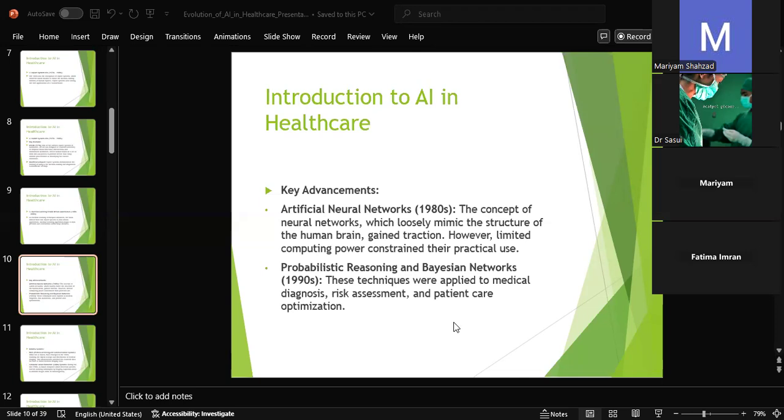Actually, these Bayesian networks use directed graphs. What directed graphs are is that one problem or situation is pointing to another situation.